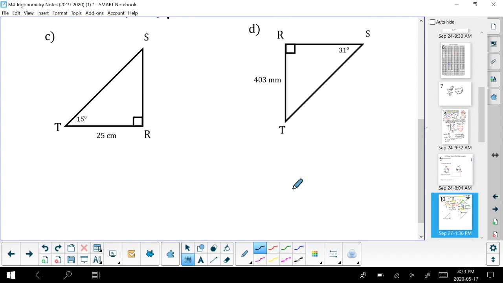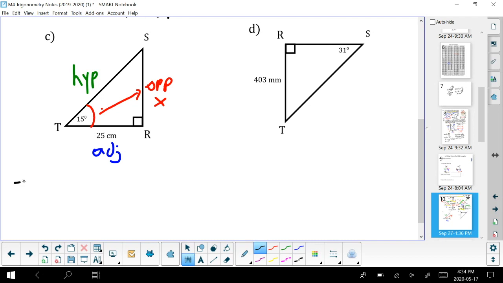For question C, let's go ahead and label or figure out where our reference angle is. So right there in the corner, directly across from it is my opposite side. Let's call this x. My hypotenuse is over here. And finally, my adjacent side is that 25 centimeters.